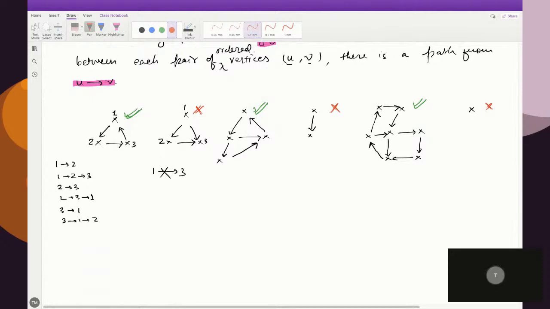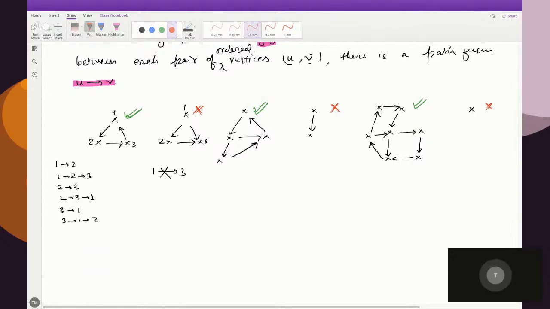Sir, is it necessary to have a cycle containing all vertices? Harsa, you tell me, do you think this is your requirement? I think that may not be necessary.